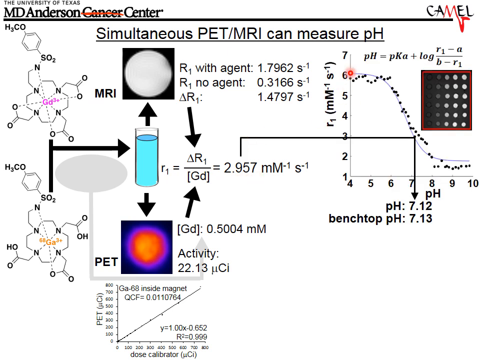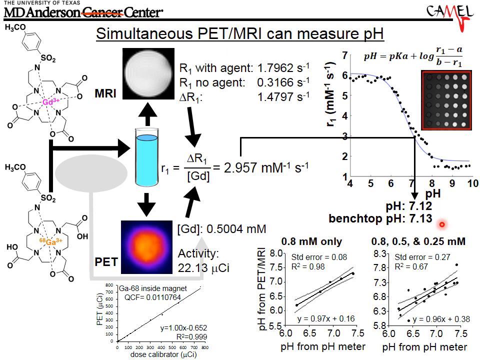And then using a predefined calibration curve for this agent, using samples placed in a phantom box that was well controlled at 37 degrees, we fit this data with an equation. We can calculate what the pH is based upon the relaxivity, and that compares well with the benchtop MRI value for that particular sample.